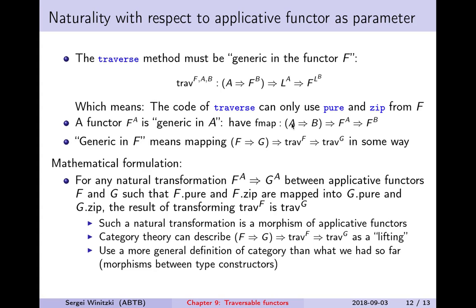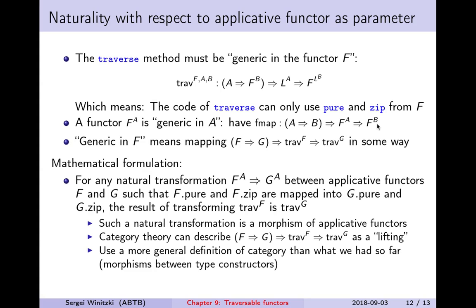You take a container, you take each element of A, replace it by B, and put it back at the same place, but you don't know what types those are. And so we expressed the law of naturality for various functions by saying that fmap should commute with those functions. So you can transform first or you can transform later, and that's what it means that it's generic in the type of data.